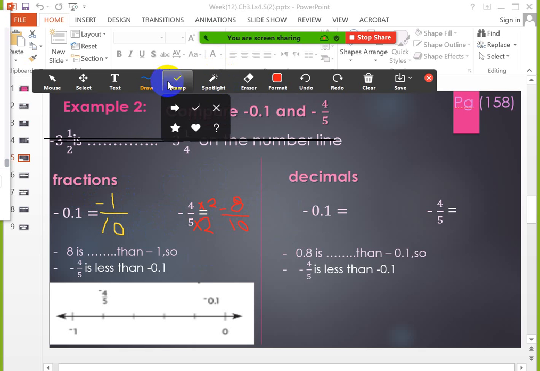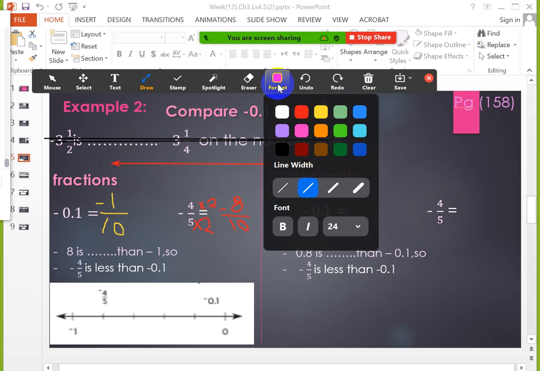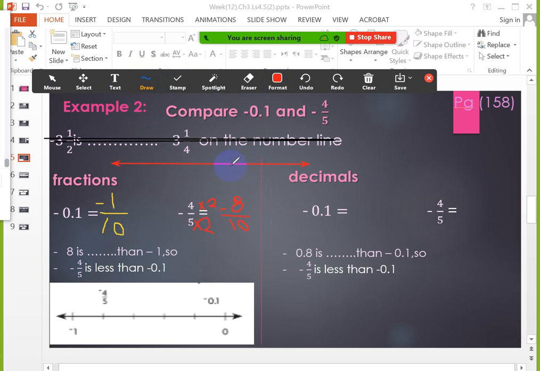Now, if I have this number line as an example, this is 0, and this is -1, -2, -3, -4, -5, -6, -7, and -8 here. So this is -1 and this is -8.